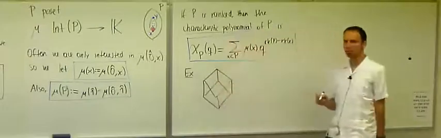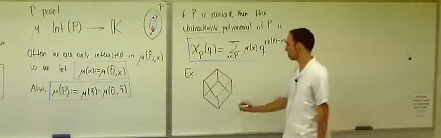Okay, so let's compute some examples just to see what this looks like. So here's a poset that I like. This is the Boolean poset B3. Okay?